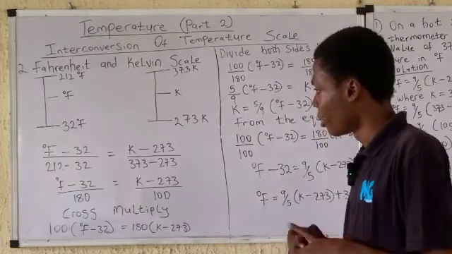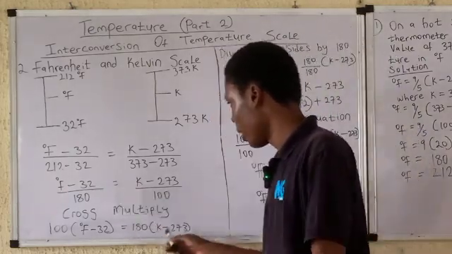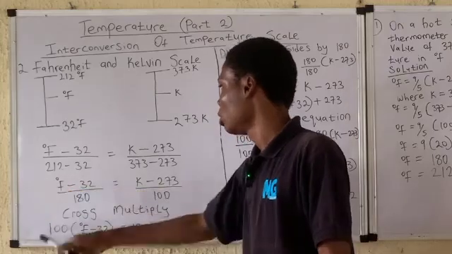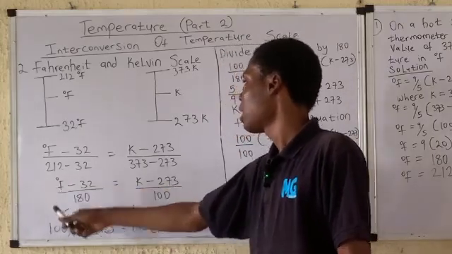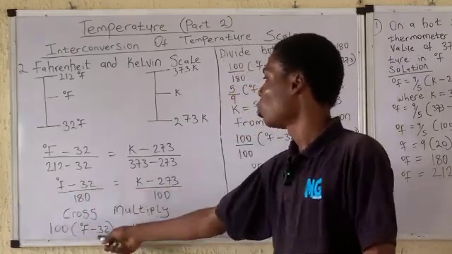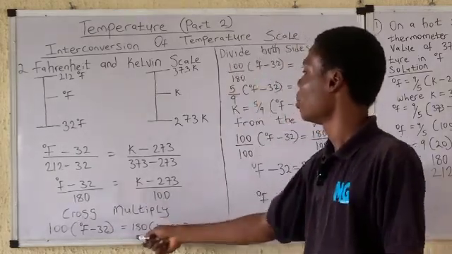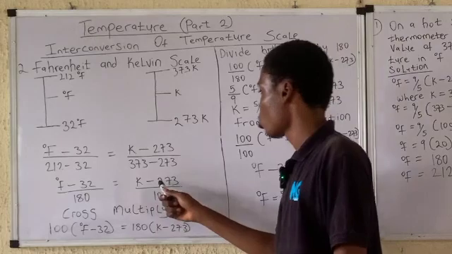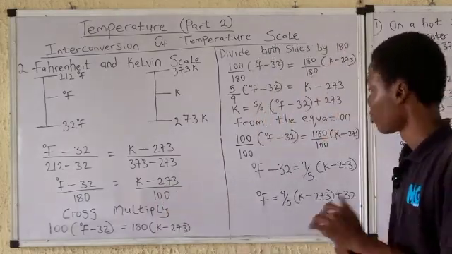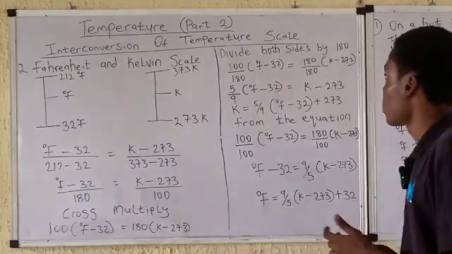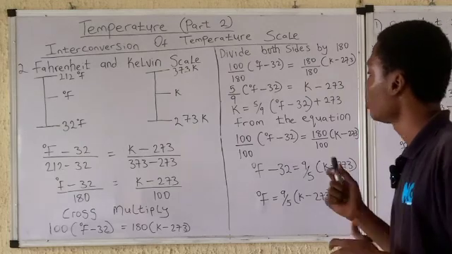So what do we do next? Now we cross multiply. So cross multiply, we have 100 here, which is 100 in bracket F minus 32, which we have here, equal to, we bring 180 here, so we have 180 in bracket Kelvin minus 273. Now, after this, we divide both sides by 180.